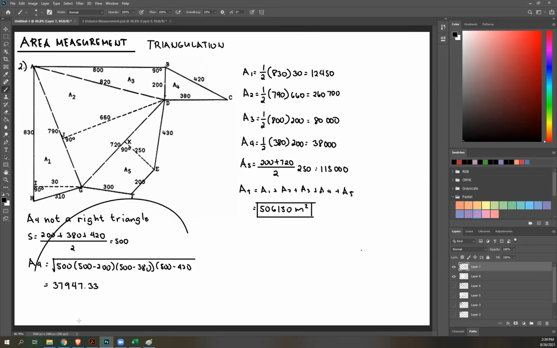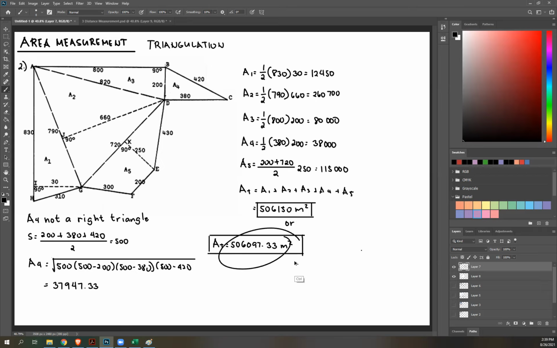And then if we're going to go with this, our total area now would be, we're going to use the same equation, but replacing A4 with this, we're going to get 50,000, 506,097 meters squared. So these are our two possible answers. Okay, so this one or this one.